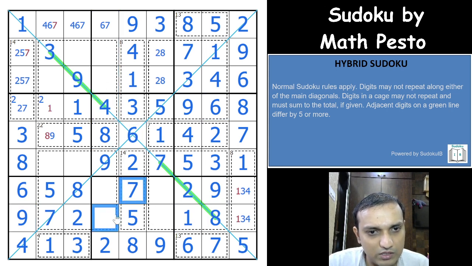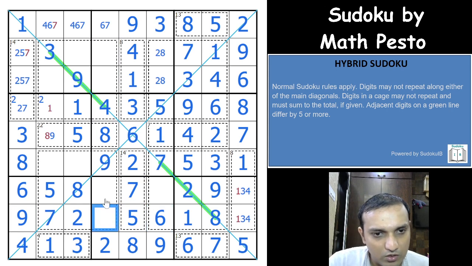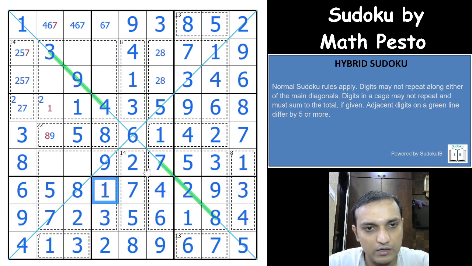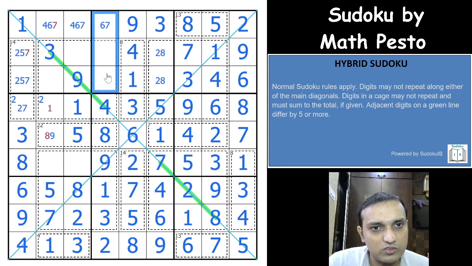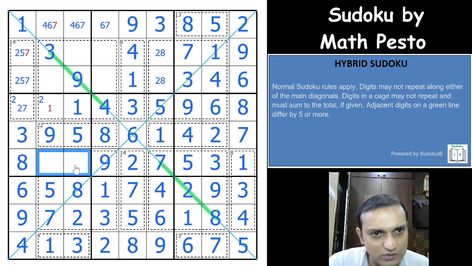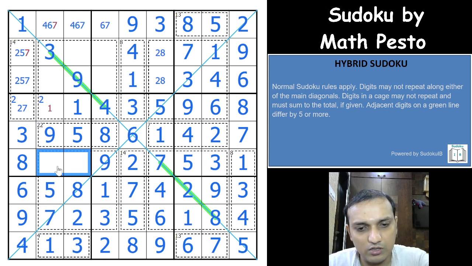6 is somewhere here, so this is 6, 1, 3 and 4. 6, 7 and 5, right, 5, 6 and 7. This cell would have to be a 9, these 2 cells are 4 and 6, can be in any order.